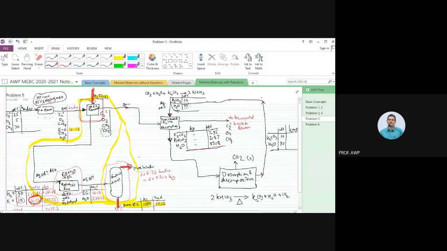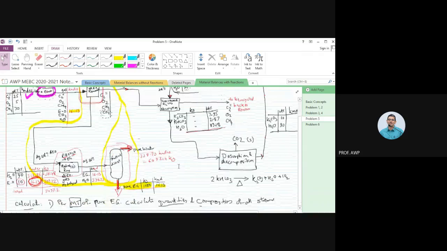Recall what we mean by conversion and what we mean by selectivity. So if I take this reactor as a control volume, I can straight away calculate how many kilomoles of ethylene I should feed. Suppose I feed X kilomoles of ethylene.